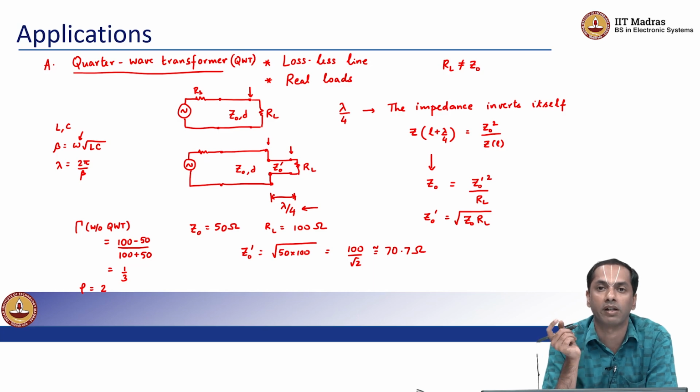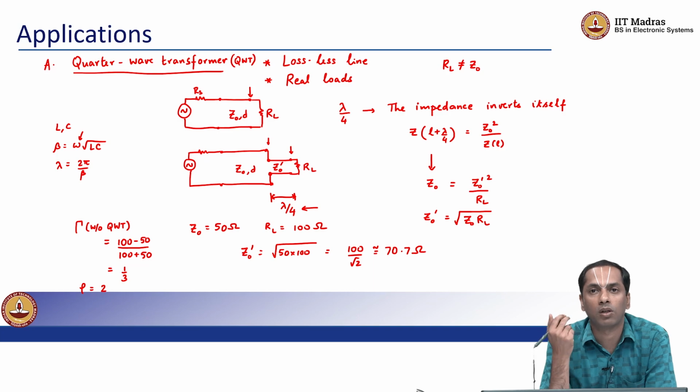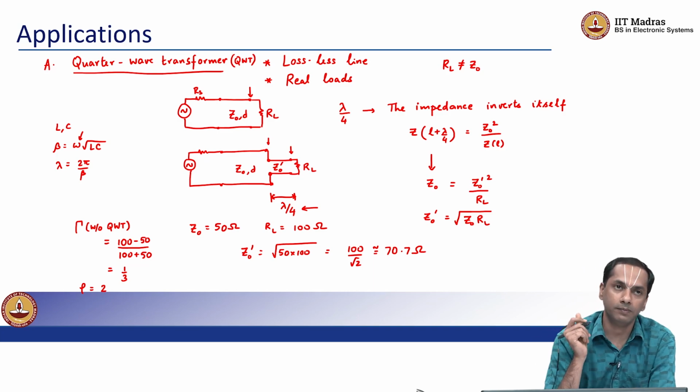So I can always transform a complex impedance to a real impedance by just adding an appropriate length of transmission line, and then the problem becomes matching this real load to the characteristic impedance Z0 through a quarter wave transformer, right? So you can combine these two logics and extend it to a comprehensive set of loads, complex loads, right?